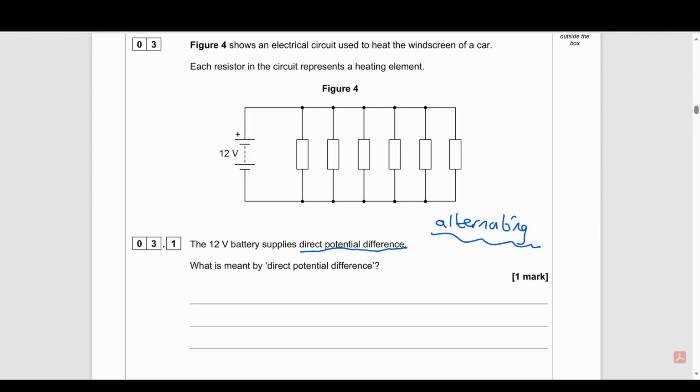Now remember that this is what is supplied to homes through mains electricity. But direct potential difference would just be the opposite of that. That would then mean that the potential difference is not changing in its direction. So that's what we can write for our answer. Direction of the potential difference does not change.